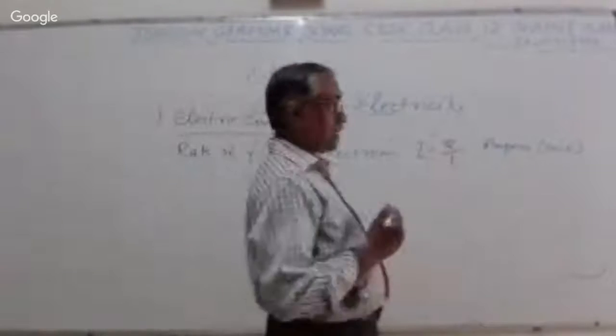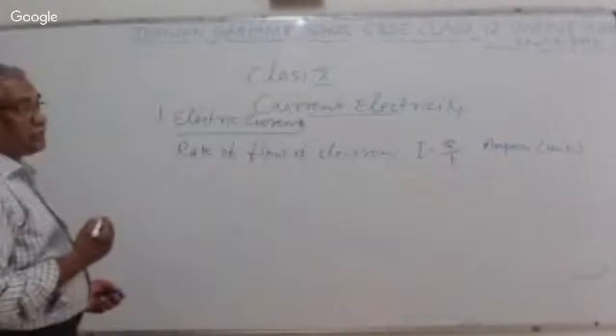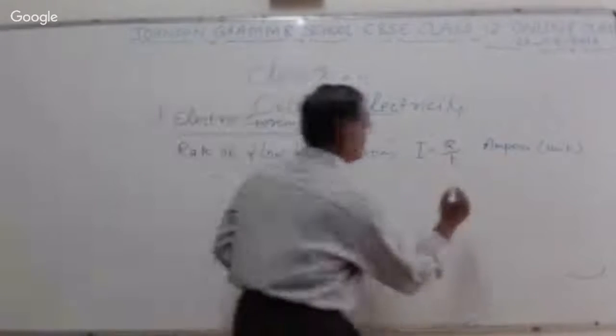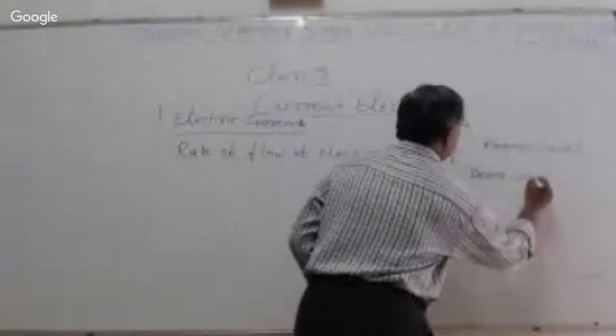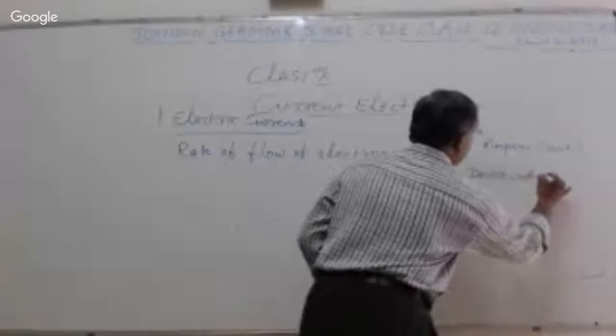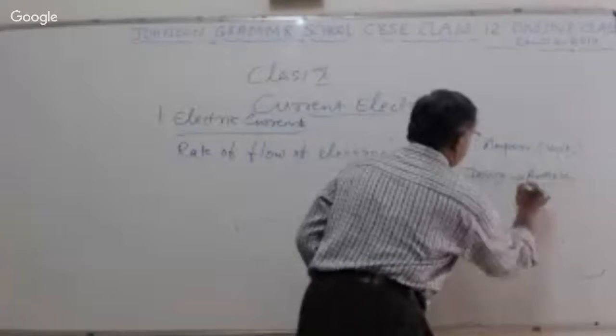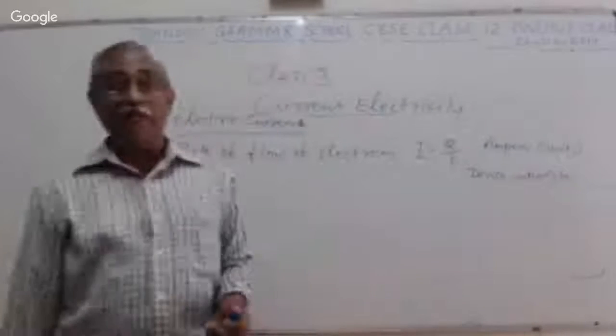How do we measure this value? We use a device to measure the electric current. The device we use is the ammeter. So the ammeter is a device we use to measure the electric current.